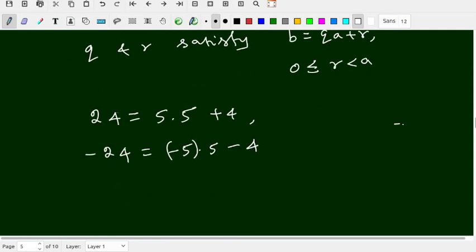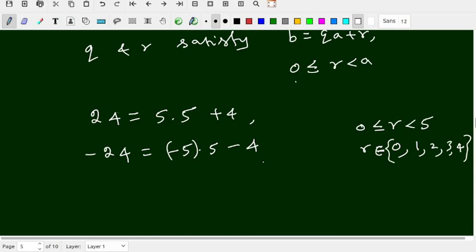Minus 4 is less than 0, so that should not be taken as a remainder. So we got to have a number less than 5. You have to choose either 0 or 1 or 2 or 3 or 4, any one of the numbers from 0 1 2 3 4 must be in the place of remainder.